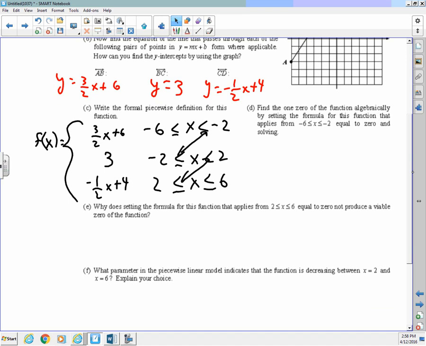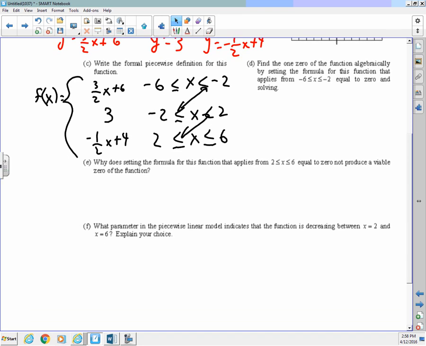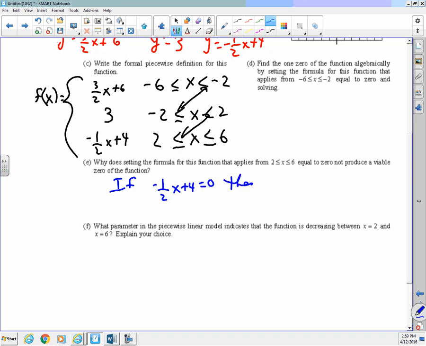Now, why does setting the formula for this function equal to 0 not produce a viable 0? If I set -1/2 x plus 4 equal to 0, then x is equal to 8, which is outside my domain.